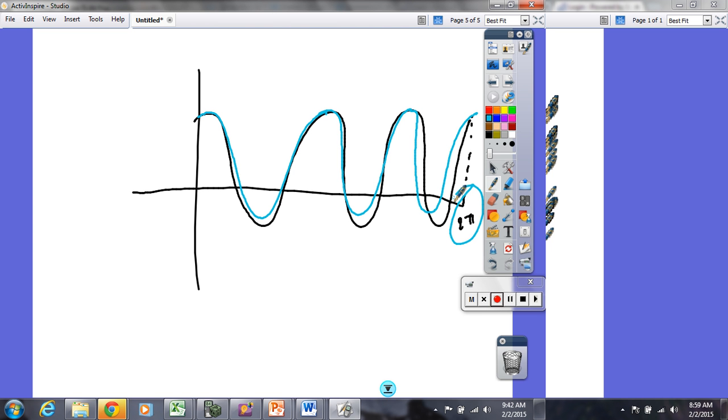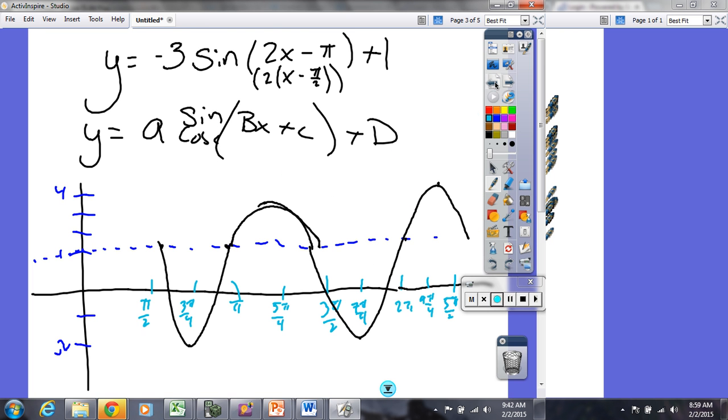Yes, sir. So going back to the last one, and maybe I missed it on that, but on 2 pi, it's ending at the midpoint, right? Okay, so your 1 cycle is going to be at 3 pi halves, right? Well, we start from here to here.